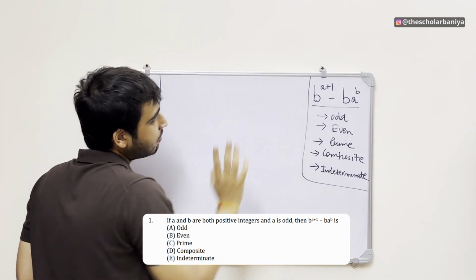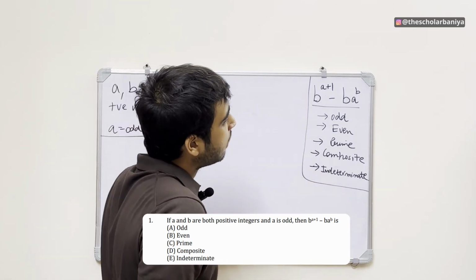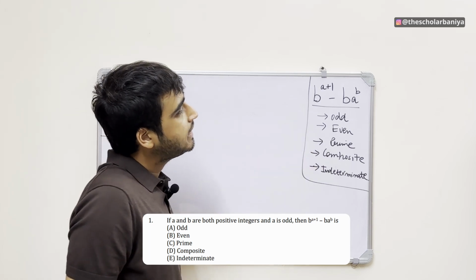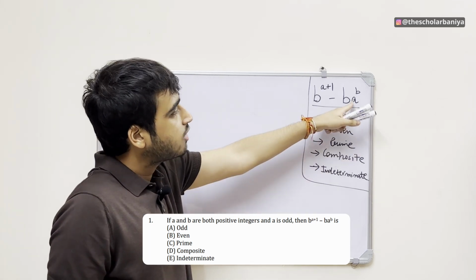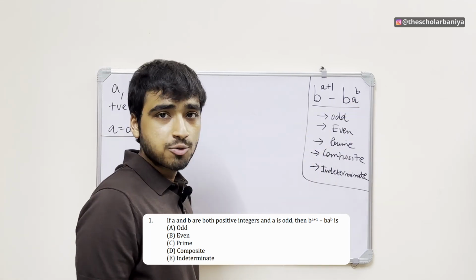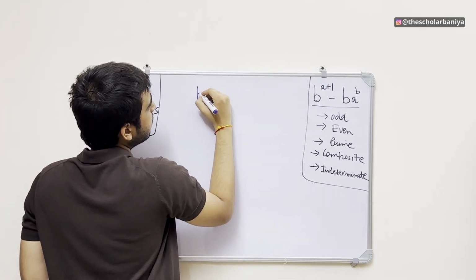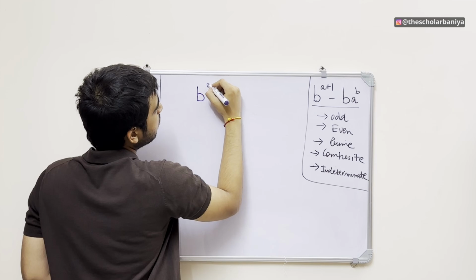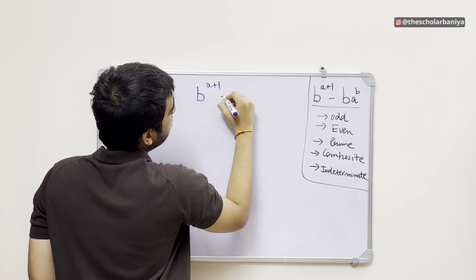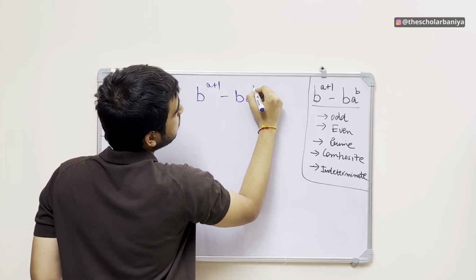And then we have to find b to the power a plus 1 minus b into a to the power b, which of these following options. Okay, so now if we see this, b to the power a plus 1 minus b a to the power b, right?